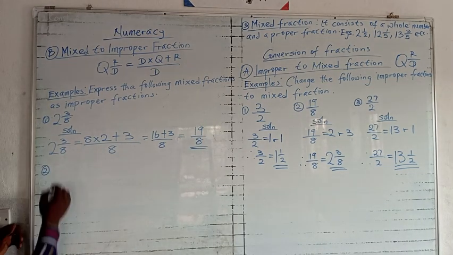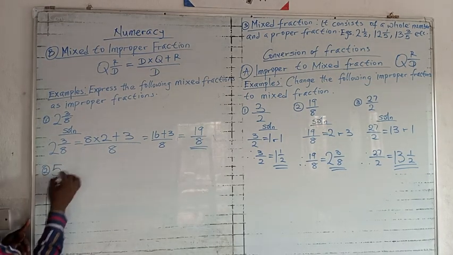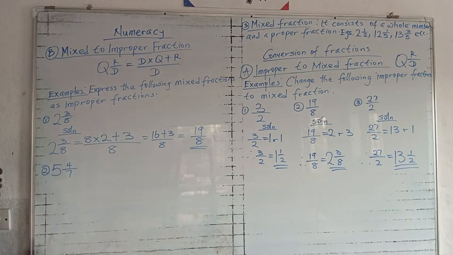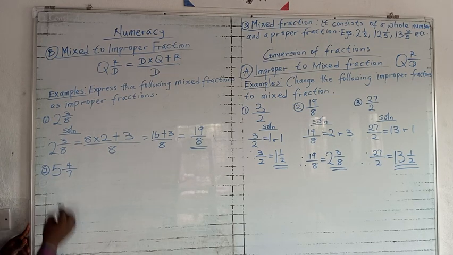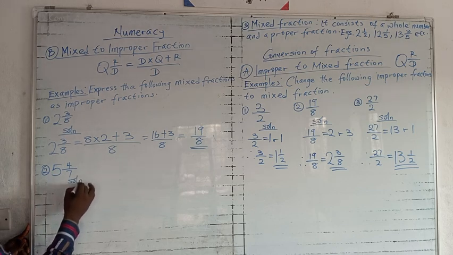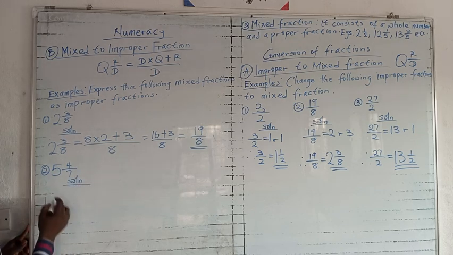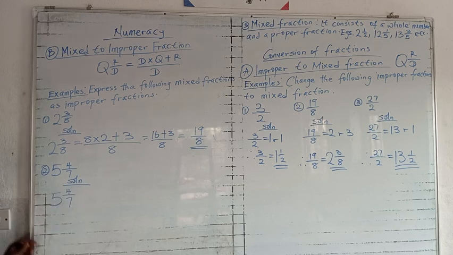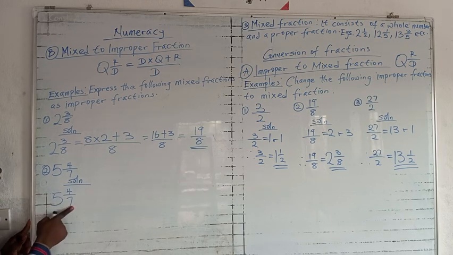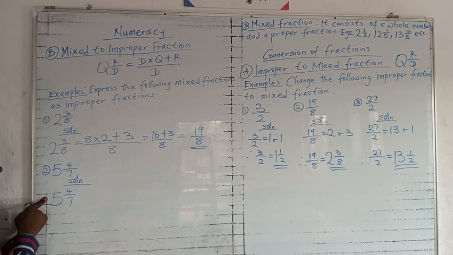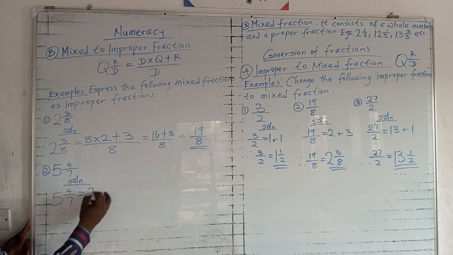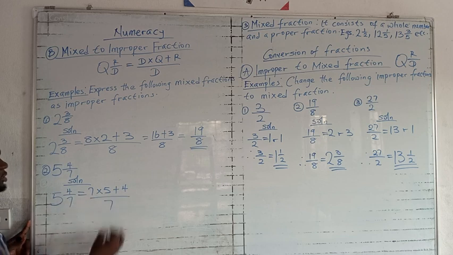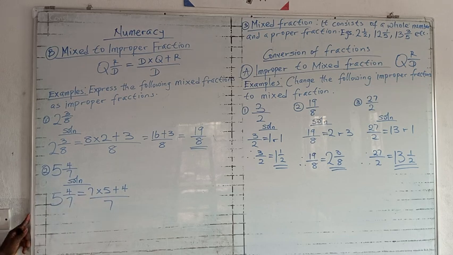Number 2 example, let's say we have 5 whole number 4 over 7. Solution. So it's just the same thing. 5 whole number 4 over 7. We simply multiply 7 times 5 plus 4 all over 7, which is the denominator.